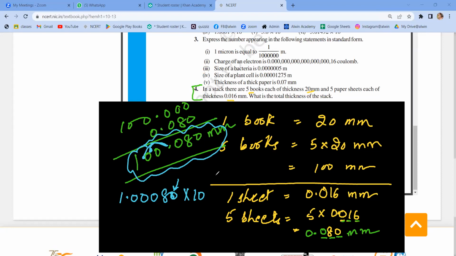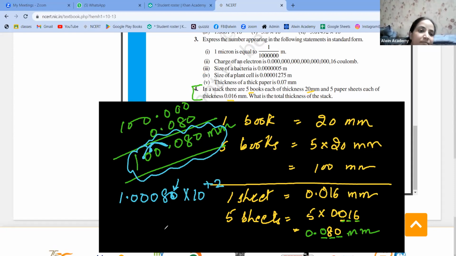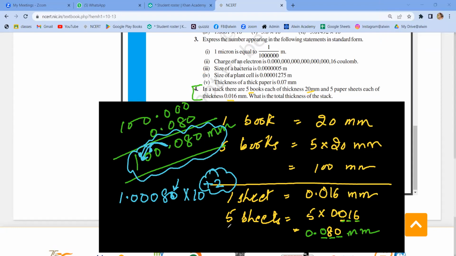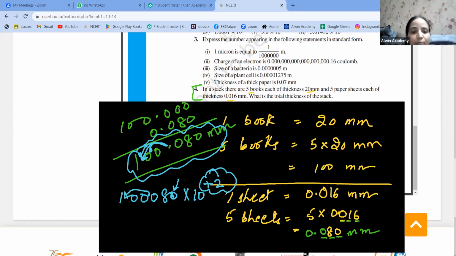Ma'am, it will be 10 to the power plus 3 plus 2. Plus 2. Positive power increases, beta, because you have moved the point 2 steps to the left, positive power will be increased. Got it, bache? Shrikant, clear or not? Clear, ma'am. Because you are moving the point 2 steps to the left, positive power has increased. Okay.